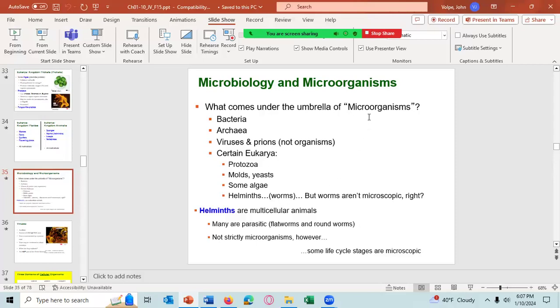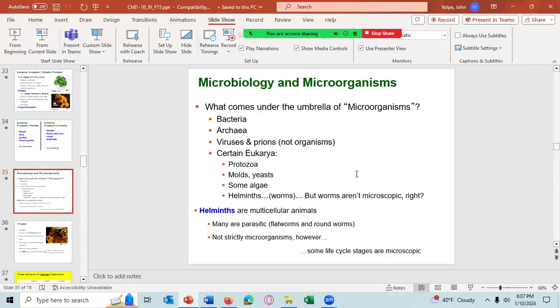The reason is that the infective stage of the worm is usually, if not always, a microbe. Meaning when you get a tapeworm, how you first get infected is you consume the fertilized egg of the tapeworm, and that's microscopic.